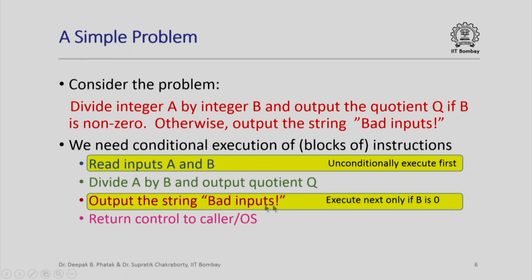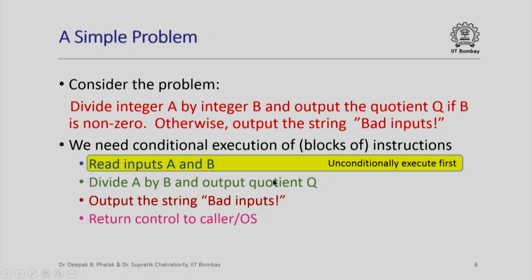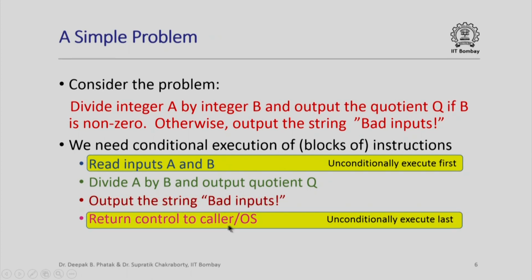However, if b is 0, then we should be executing this and not the previous instruction. And finally, returning control to the caller or the operating system has to be unconditionally executed at the end. So there are some instructions that have to be unconditionally executed, whereas there are some other instructions that have to be conditionally executed depending on the value of b in this specific problem.